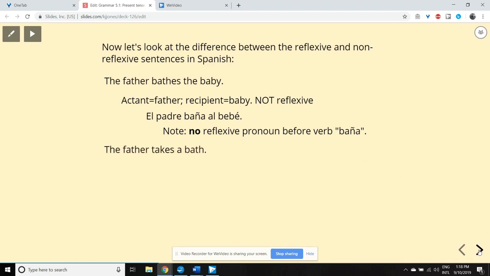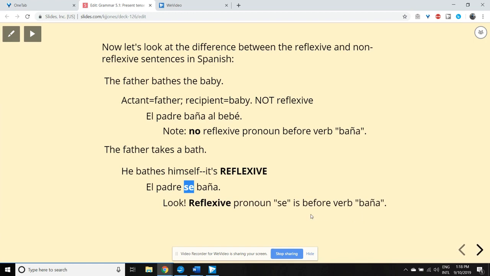Let's look at this sentence. The father takes a bath. As we already established, he's doing this to himself. He is bathing himself. This action is reflexive. So look at the Spanish sentence. El padre se baña. What do we have right there before the conjugated verb? We have the reflexive pronoun se in front of the verb baña.